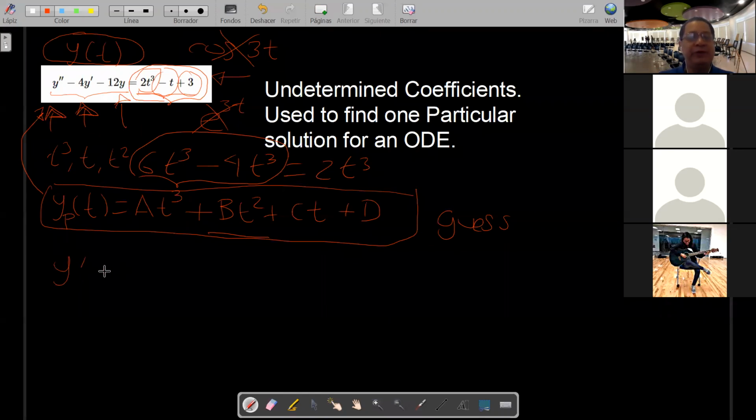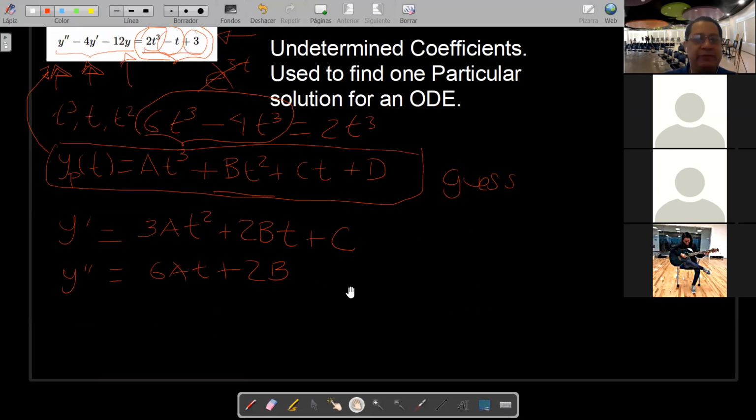In order to prove that, we need to take the first derivative and multiply it by 4. So the first derivative is equal to, well, this is really simple this time. And the second derivative will be this one. So we multiply these derivatives by the corresponding factors in the equation, and let's do the subtraction.